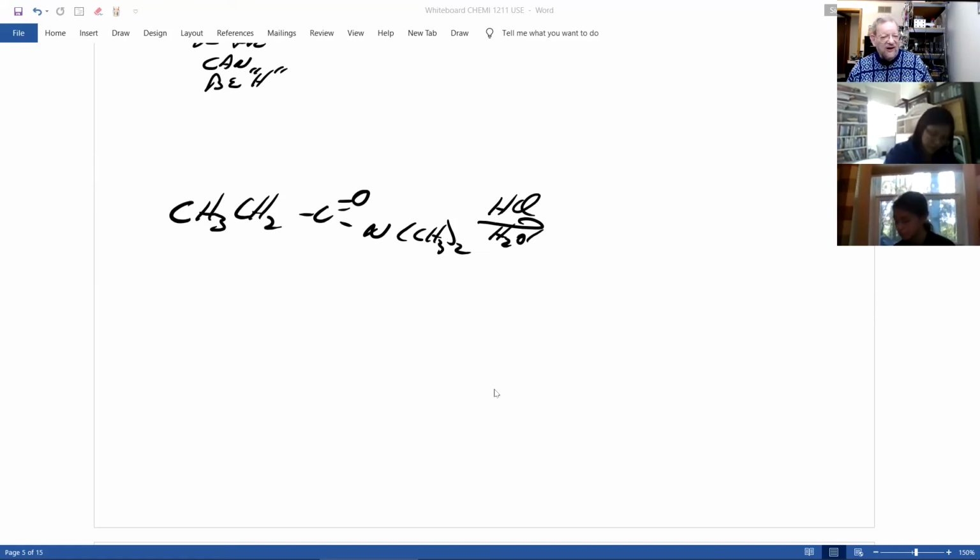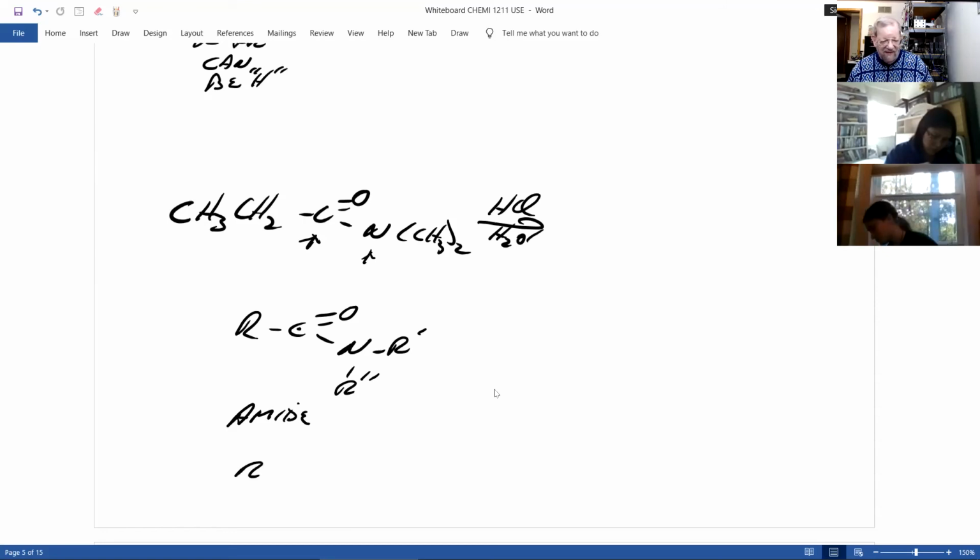So let's take a look at this. What's different? Ooh, oxygen double bonded to carbon and nitrogen on that same carbon. On the nitrogen, we have carbons, which I'll call R prime and R double prime. On the carbonyl carbon, we have a carbon. And this is an amide.